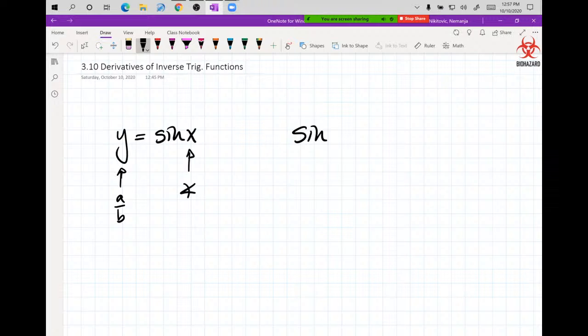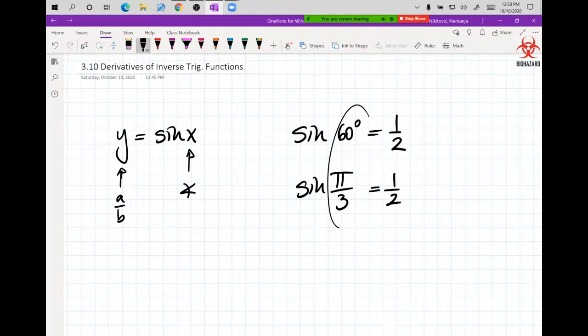So if you say sine of 60 degrees is equal to 1/2, you can also do that in radians. 60 degrees is pi over 3. So this one is either given in radian measure or a degree measure, and that's an angle. And then over here you have a number.